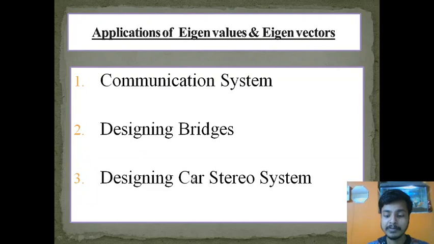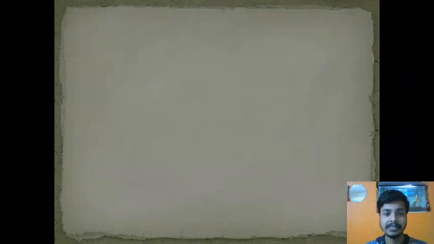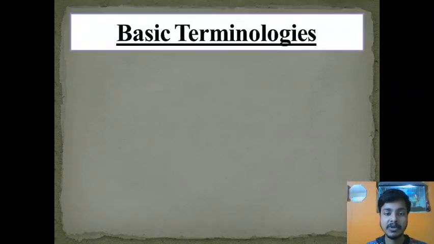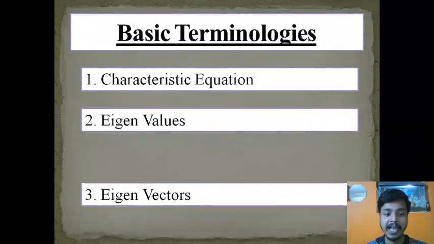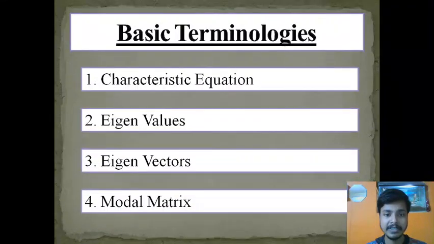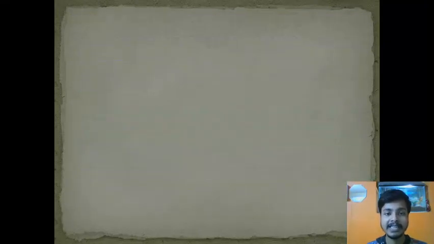Okay, now let us see what are the basic terminologies required to understand the topic. The basic terminologies are characteristic equation, eigenvalues, eigenvectors, and modal matrix. Let us see all these things one by one. So what is the characteristic equation?